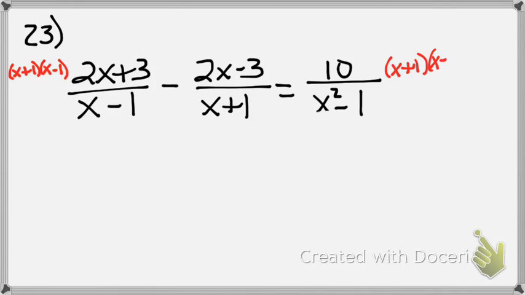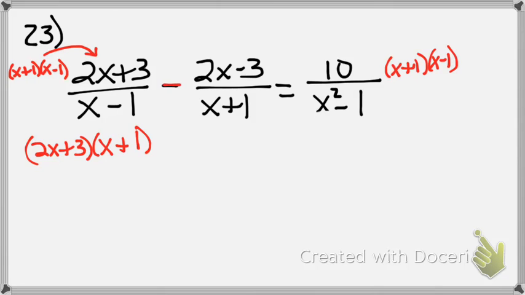Okay. So on the left-hand side, this gives people some trouble too. Sergey, please pay attention. If I multiply times this term, the x minus 1 will divide out. And I'll have 2x plus 3 times the x plus 1, and the x minus 1 divided out.